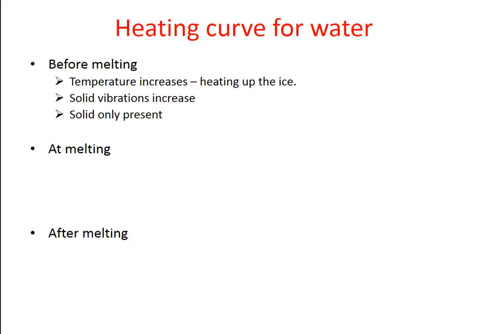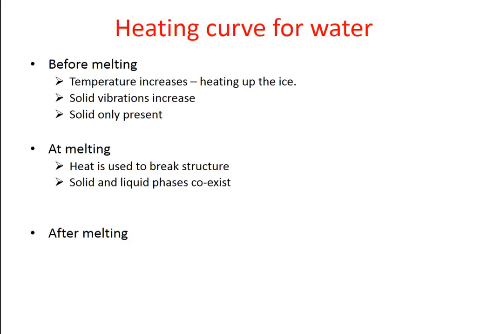That is before melting. In this case, there is only the solid present. At melting, heat is used to break the solid structure. The solid and liquid phases coexist. So we have both liquid and solid present. The temperature remains constant.